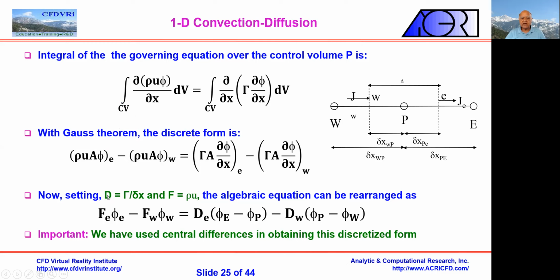So if we define the diffusive flux D as gamma over delta x and F as rho times U, this equation simplifies to Fe times phi e, Fw times phi w, and dE times phi E minus phi P and dW times phi P minus phi W. One thing to note here is that I have used central differences in getting this discretized form.